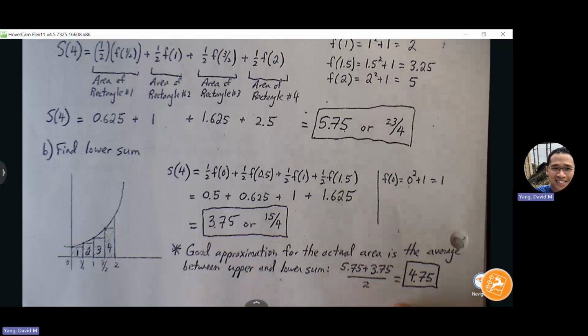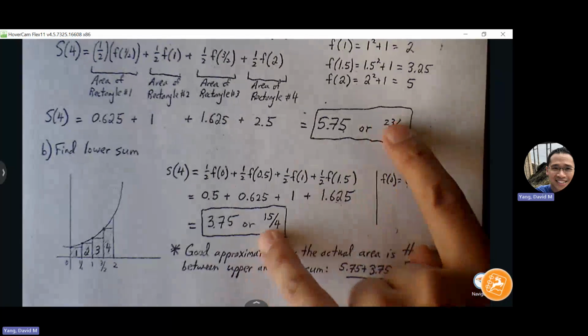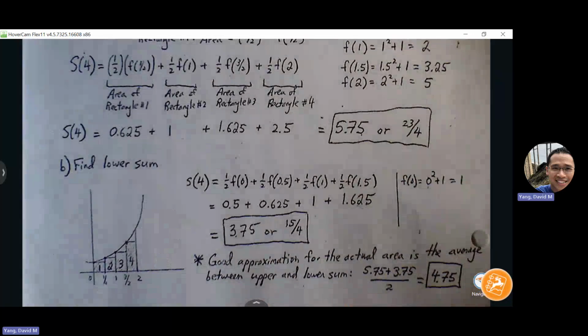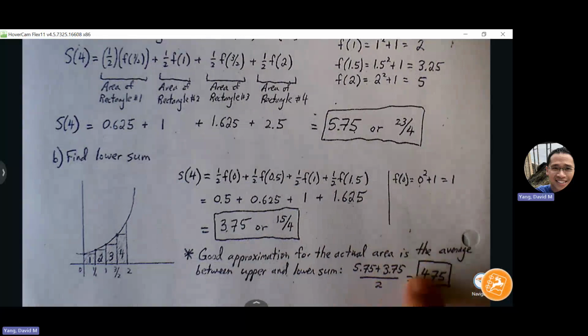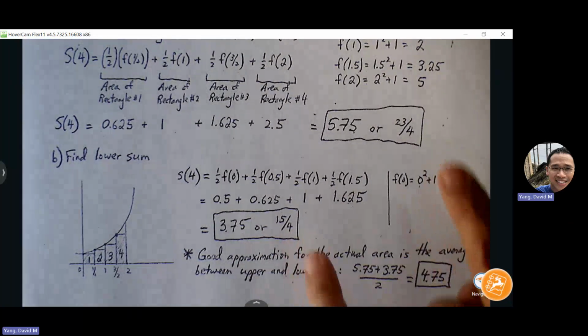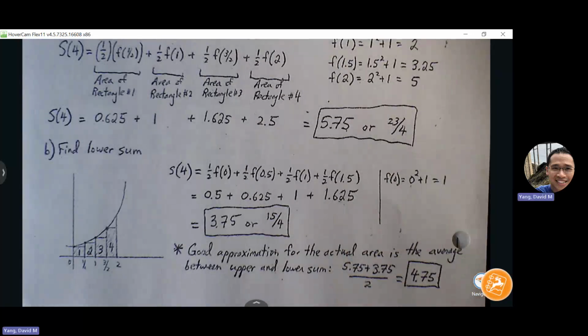And second, they're never going to ask for the average of the upper and lower sum. All we can say is that this is a better approximation than these two, but this is not something that we're really going to use. But it is, in essence, a better approximation than these two, but yeah, we're not going to have to worry about finding the average of the upper and lower sum.